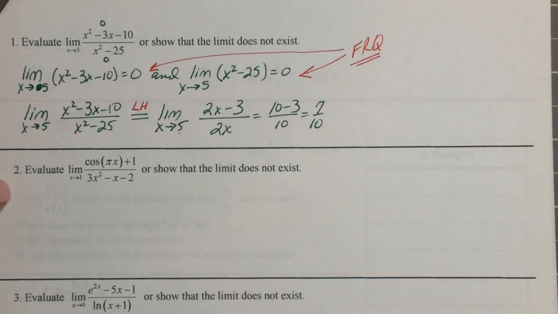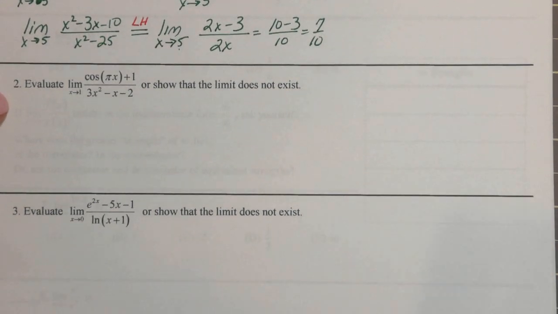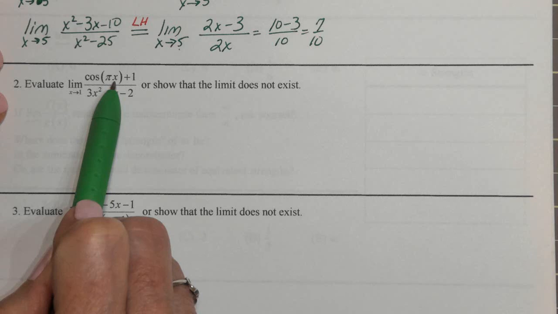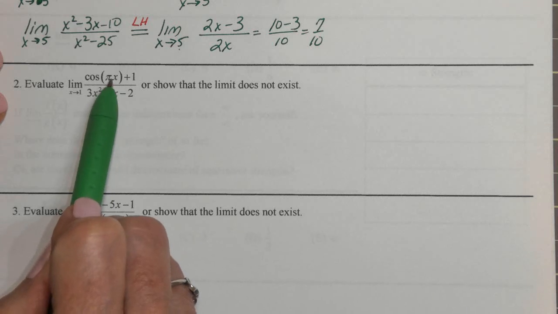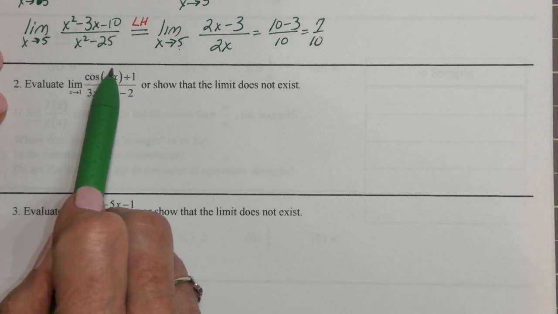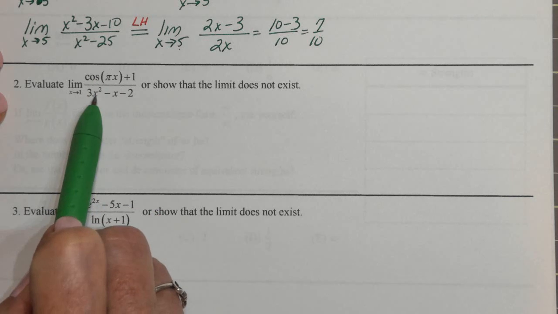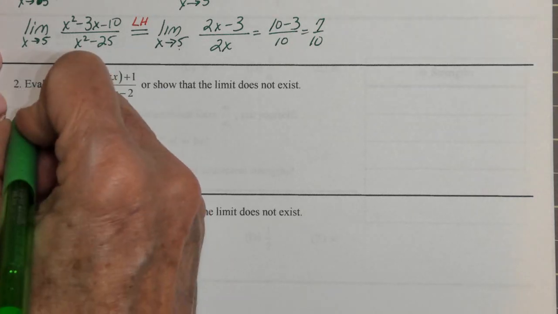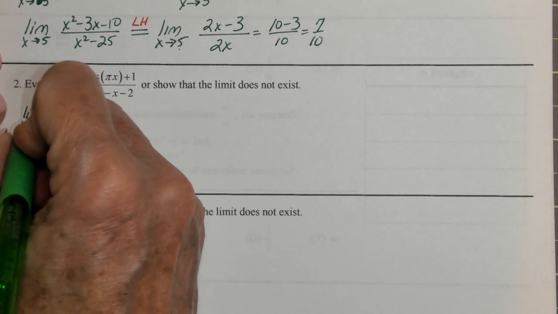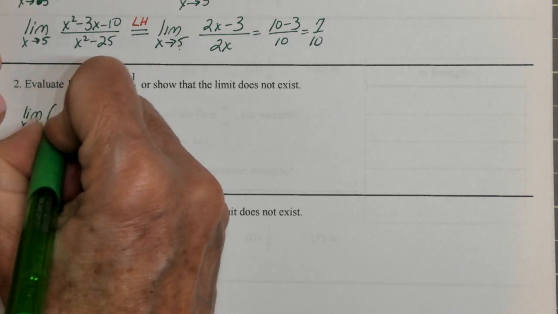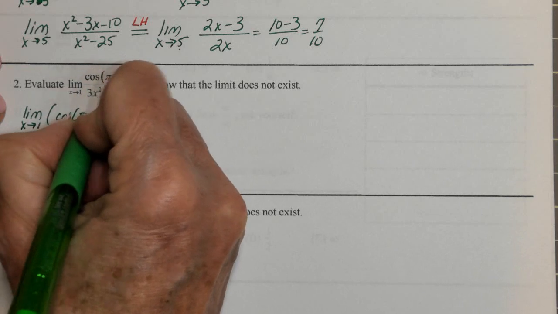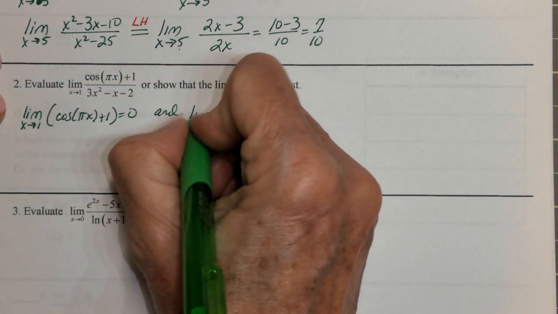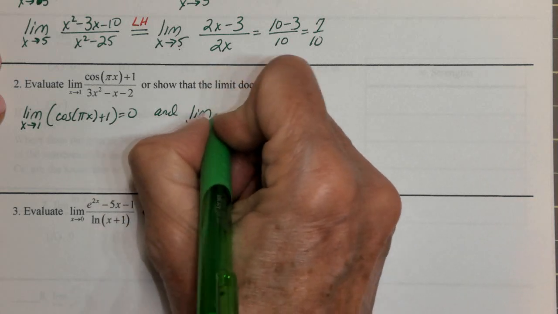Alright, let's take a look at this one. If I just plug in 1 for x, cosine of pi is negative 1, plus 1 is 0. If I put in 1 down here, I'm going to get 3 minus 1 minus 2, that is also 0. So the limit of the top is 0, and the limit of the bottom is 0.